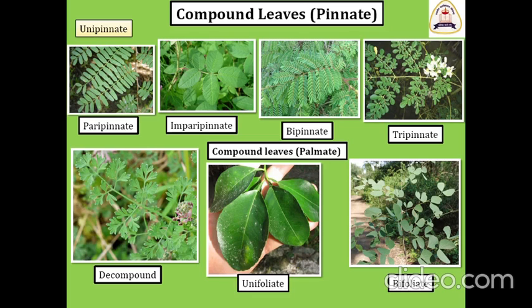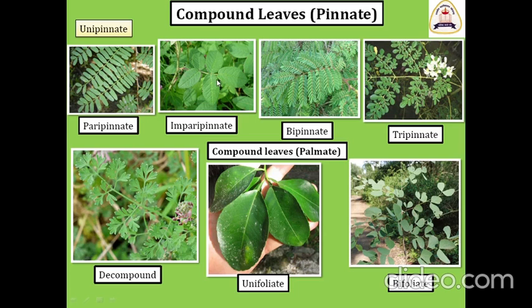First we discuss the unipinnate compound leaves, where there is one rachis and the leaflets are present on both its sides. If the number of leaflets is even, it is called paripinnate, and if the number of leaflets is odd, it is called imparipinnate leaves.